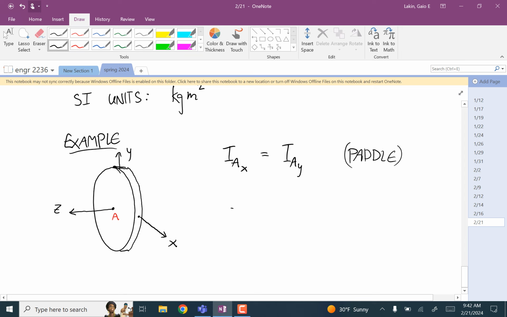And then there's the one axis that's different from the other 2. That's the moment of inertia about the z-axis, a wheel. Let's call it like a blade. That's the aerodynamic one.